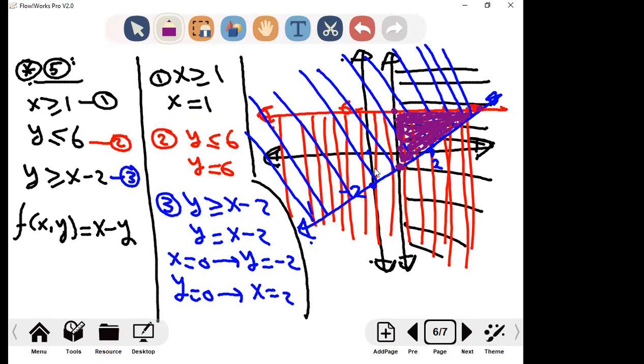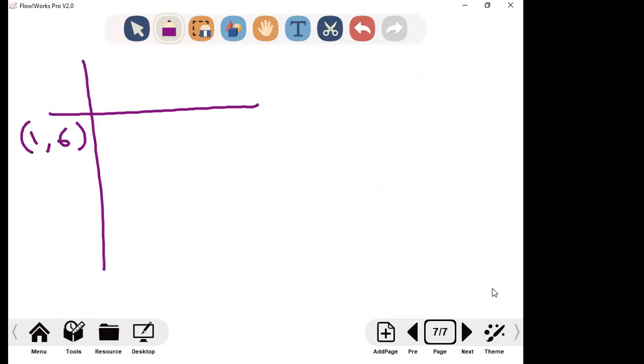We will find it. How? We will go to the red line, blue line. x is how much? 1. Replace x by 1. 1 minus 2, negative 1, right? So the point is 1 and negative 1.